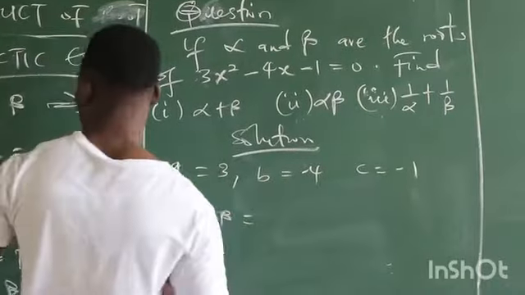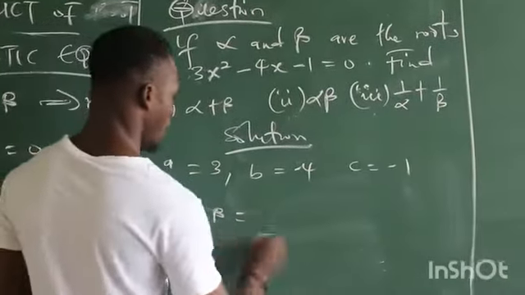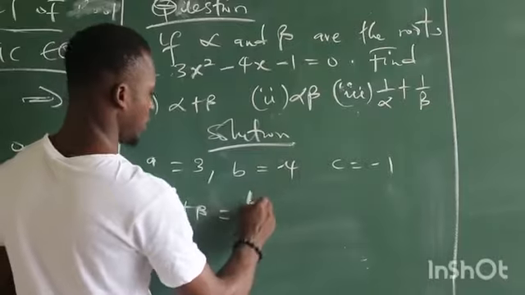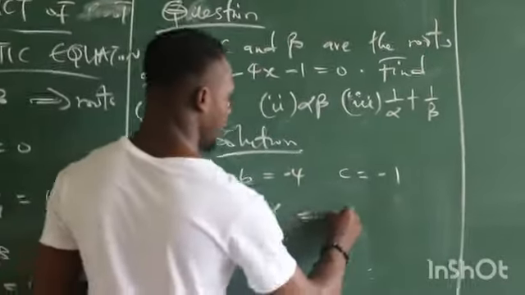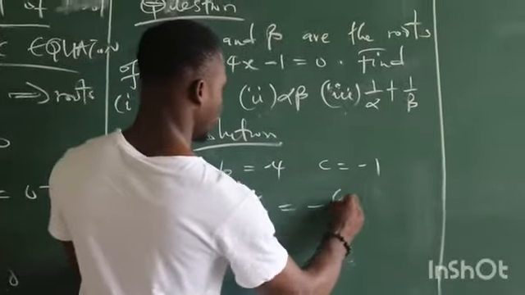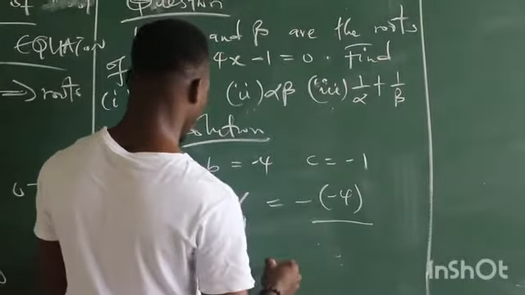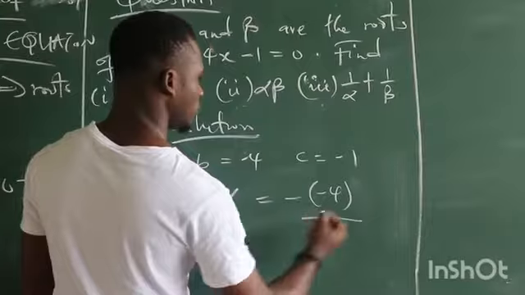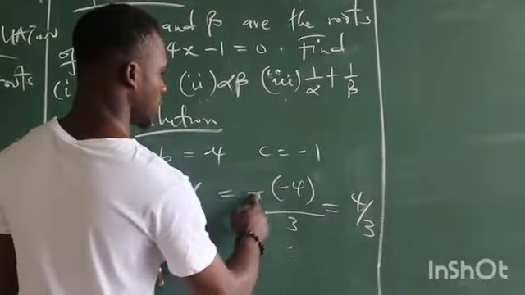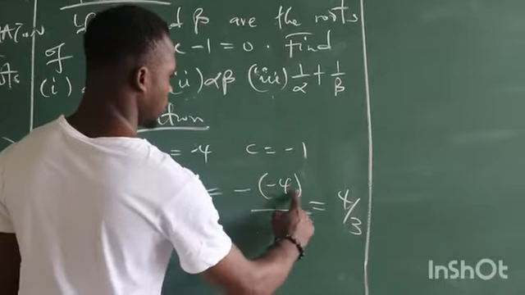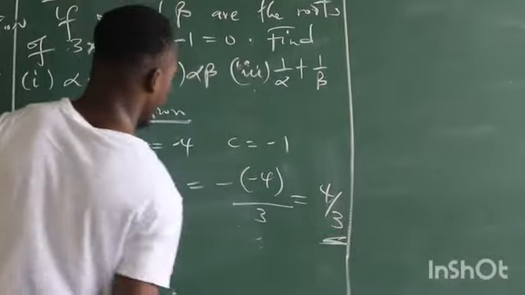So from what we have derived here, alpha plus beta is minus b all over a. So our b is what? Our b is minus 4, and our a is what? Our a is 3. So this means that our result will be 4 over 3, because minus times minus is plus. Then we have 4 over 3.